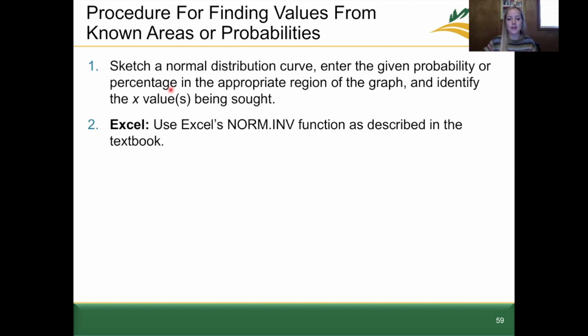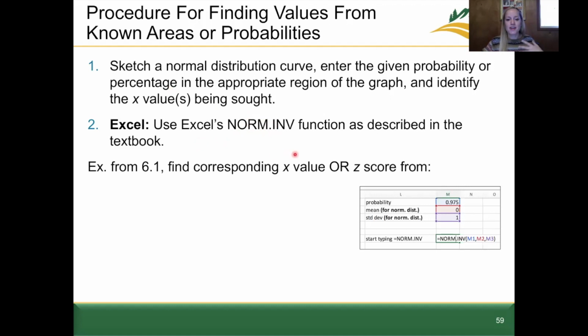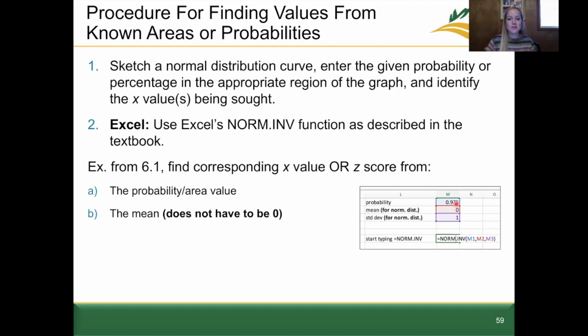So for Excel, we're going to use the norm.inv function, or the normal inverse function. This was talked about in 6.1. Let's review it again. We want to find a given X value or a given Z-score given a probability value. To use the normal inverse function in Excel, we need that probability or the area value, for example, 0.975. We also need the mean value. It does not have to be 0.